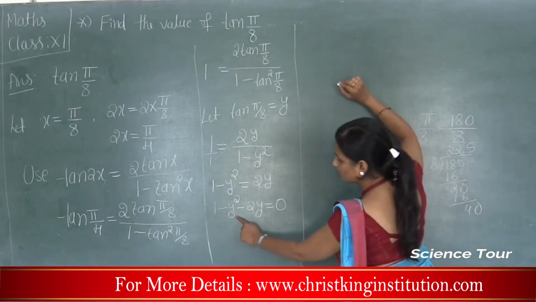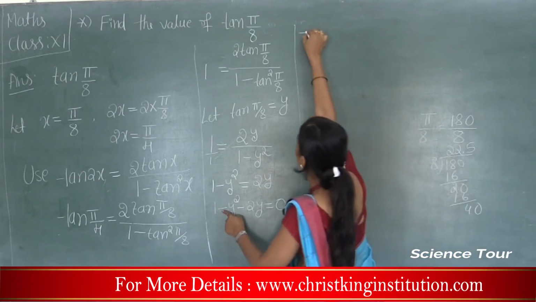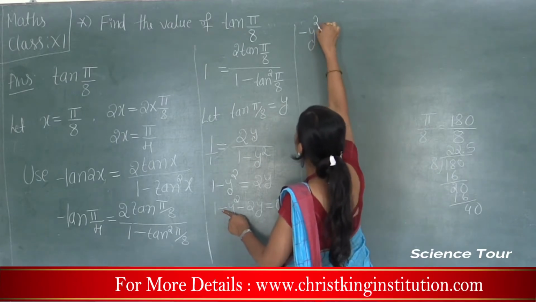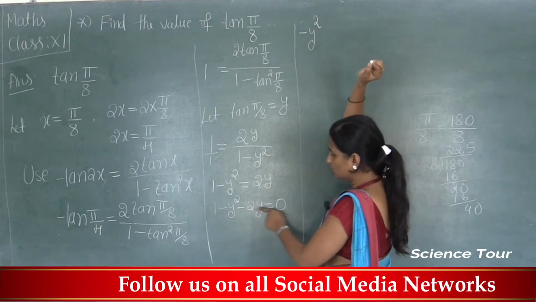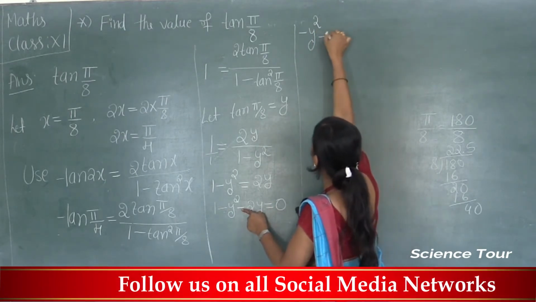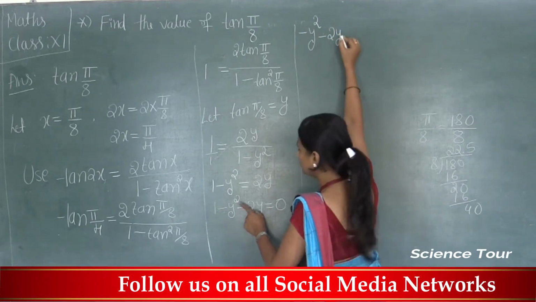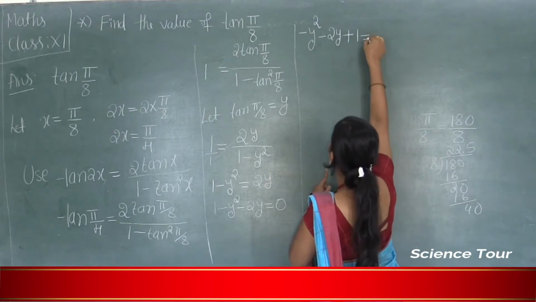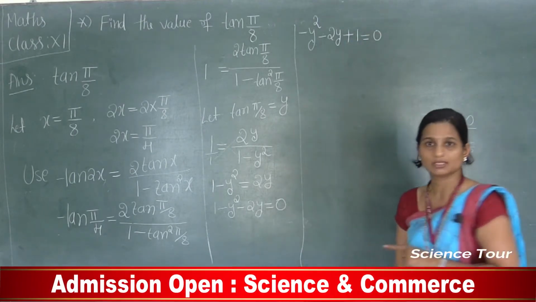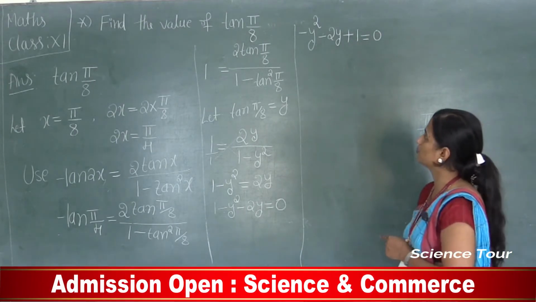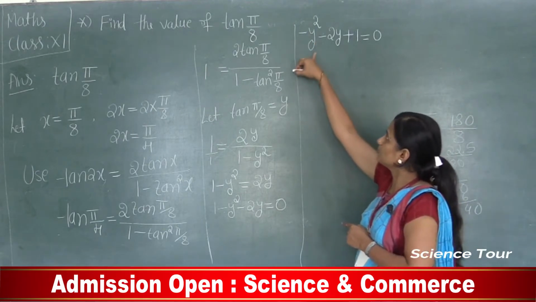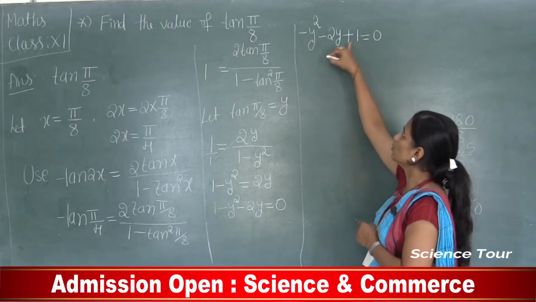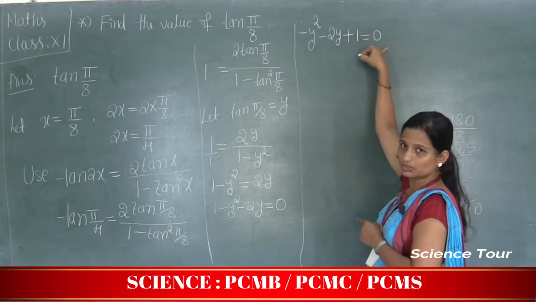Y square is minus y square, correct, no? Yes. Next 2y is minus 2y, right? Next 1 means it is plus 1 is equal to 0.